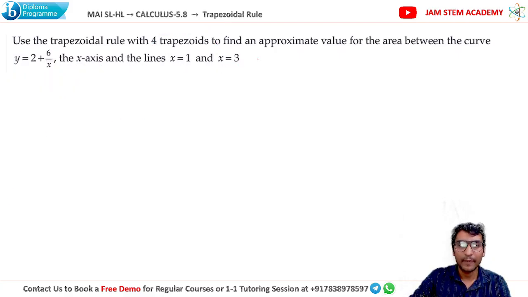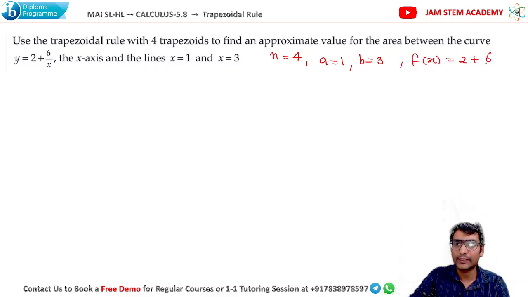So what I have here, I have n value which is 4, a is 1, b which is 3, and also the f(x) value which is 2 plus 6 over x. So now I need the h value. What is h? It is given by (b minus a) over 4, which is (3 minus 1) over 4. So that's the value, which is half.